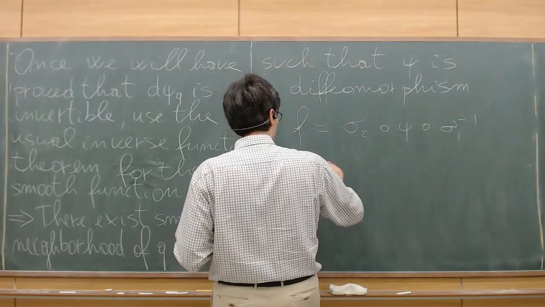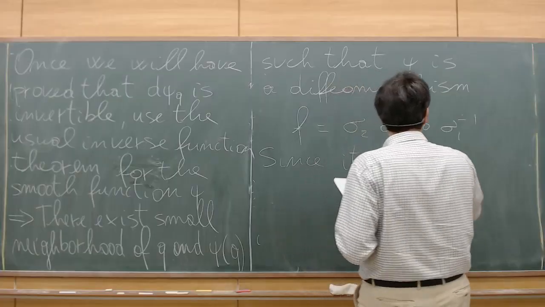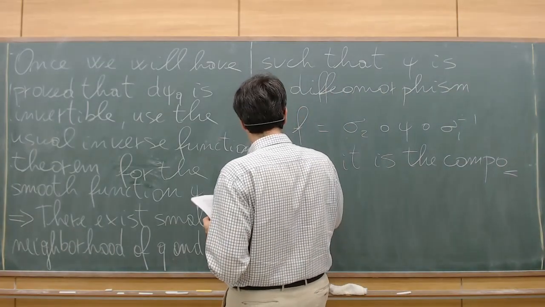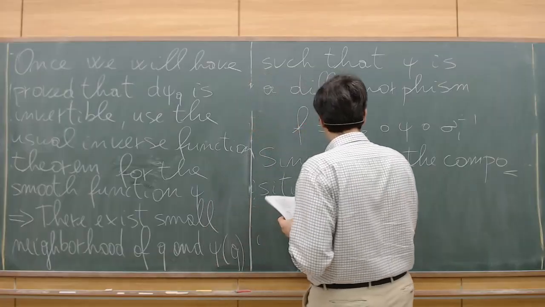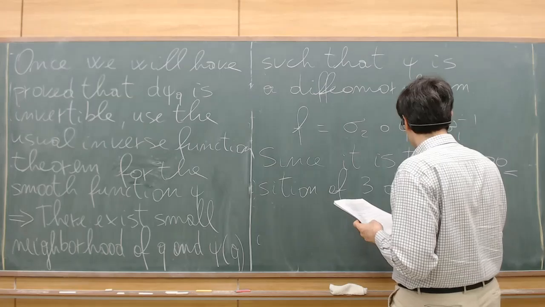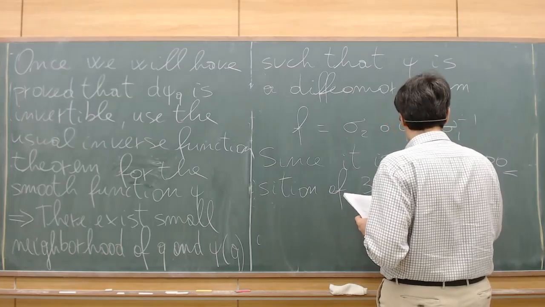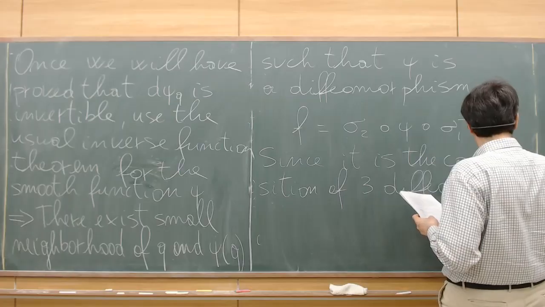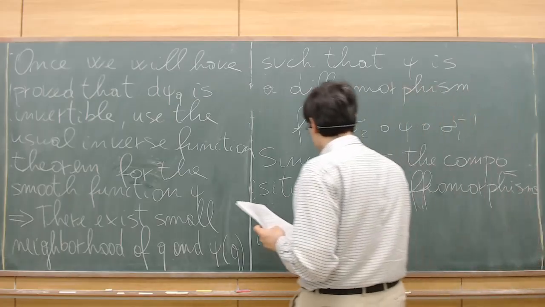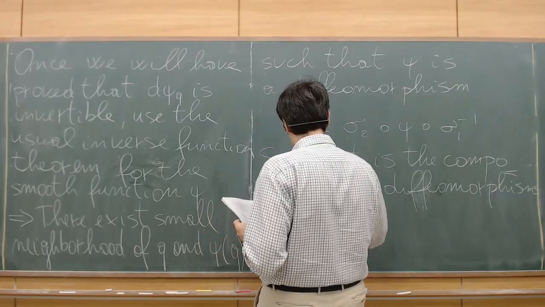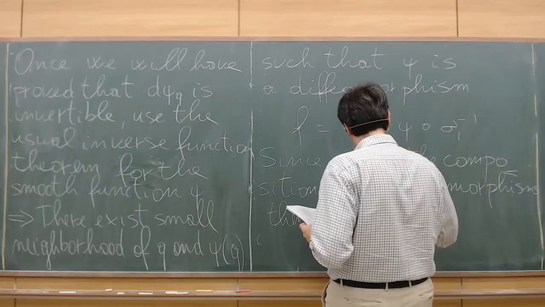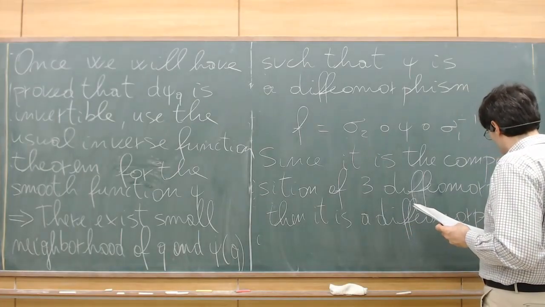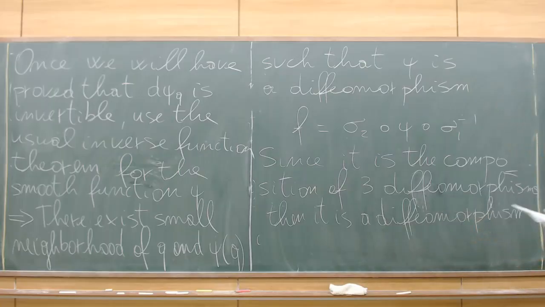Since it is the composition of 3 diffeomorphisms, then it is a diffeomorphism. And this is the end of the proof. Actually, it's just the sketch of the proof.